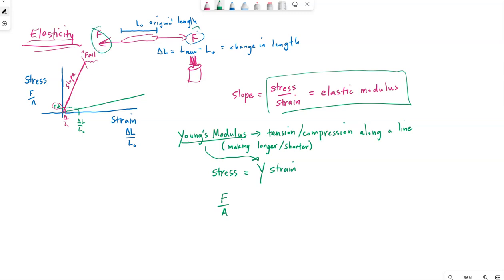So like an elastic band, it's the force being applied along the length that's making the elastic band get longer. That will equal the Young's modulus for that particular material times delta L over L naught, which represents the strain. Young's modulus is unique to the material.